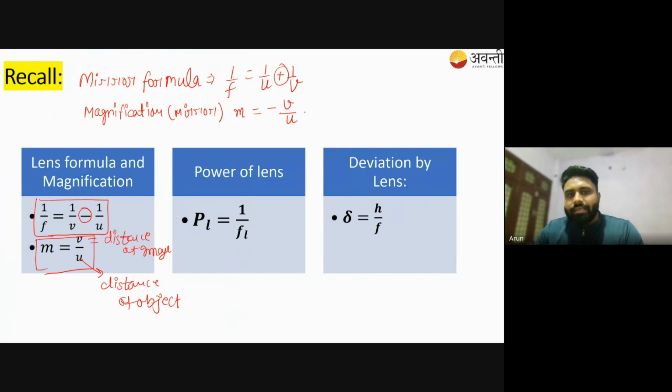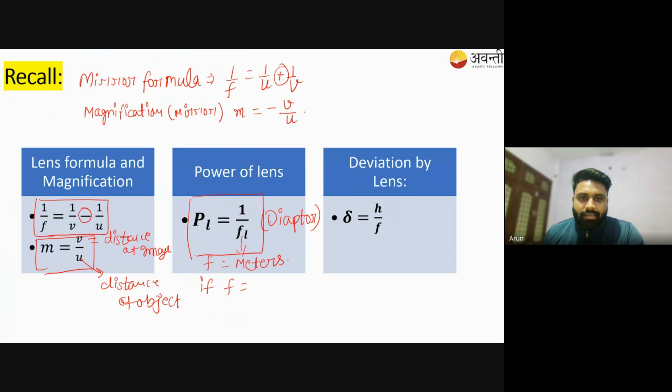What is the power of lens? Power of lens is nothing but the inverse of the focal length, provided that the focal length is given in meters. What is the unit of power? Power has a unit of diopter. But if the focal length is given in centimeters, then the power of lens would become 100 by f.